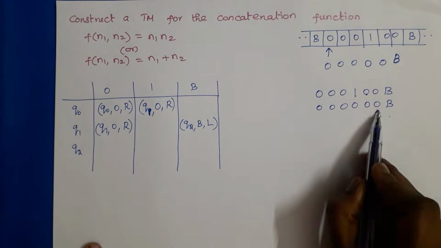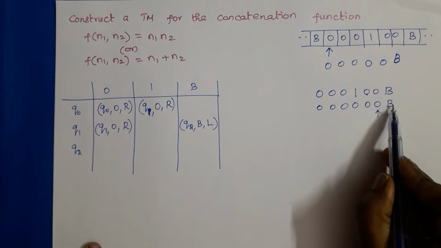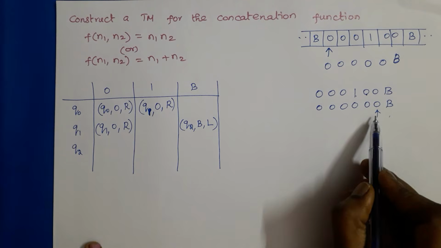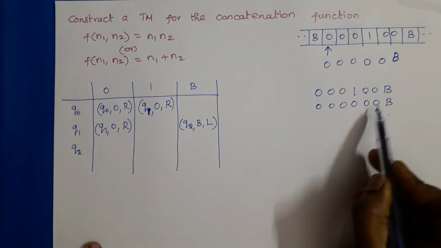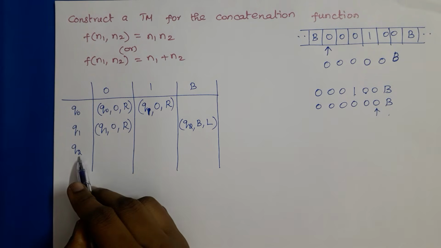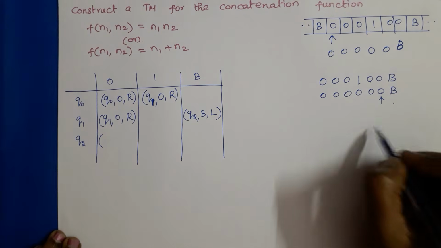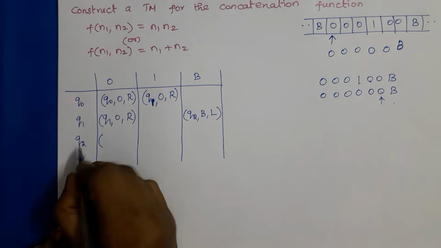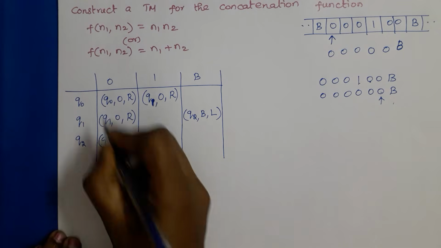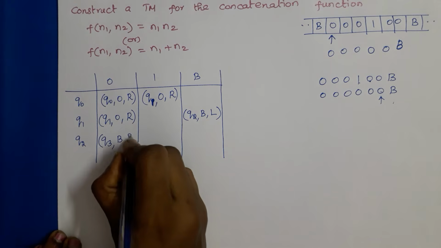In Q2, on the left side of blank, definitely we have 0, right? So Q2 and 0 is the tape symbol, means this 0 must be replaced by blank. So state enters into Q3 and 0 should be replaced by blank, move is either left or right.